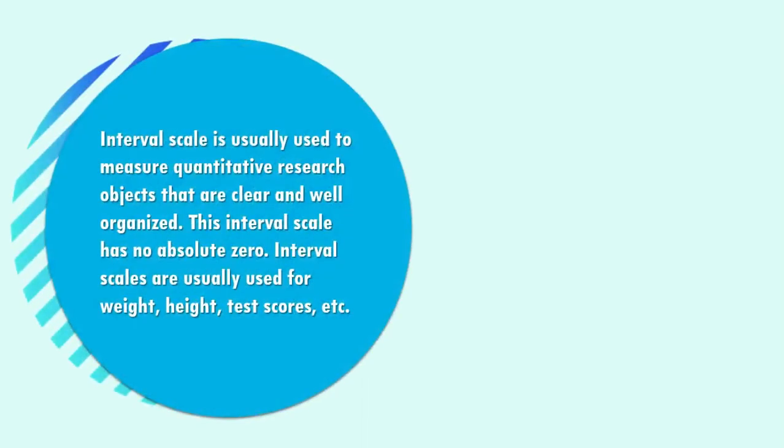Interval scale is usually used to measure quantitative research objects that are clear and well organized. This interval scale has no absolute zero. Interval scales are usually used for weight, height, test scores, etc.